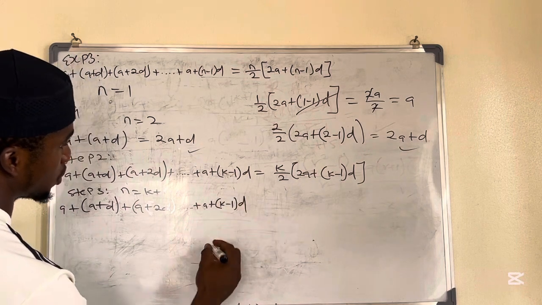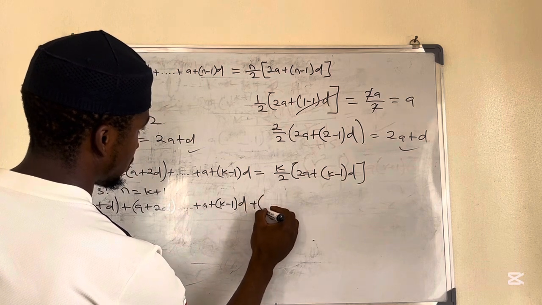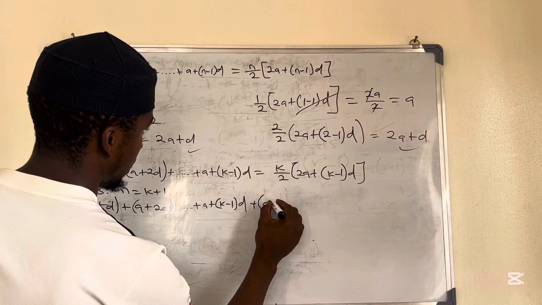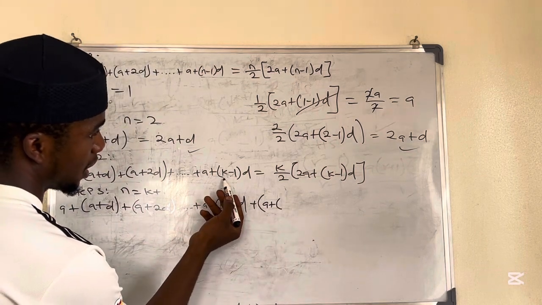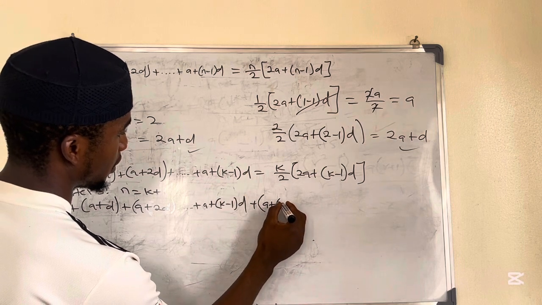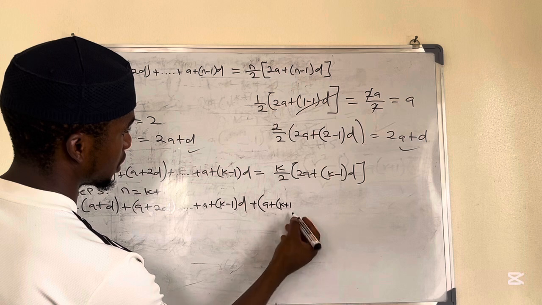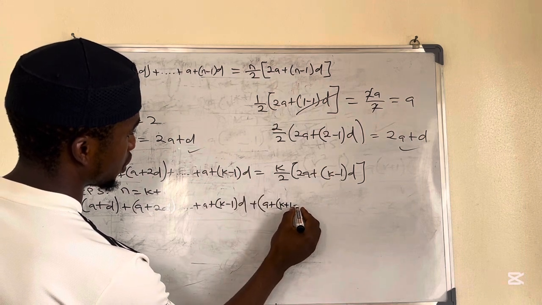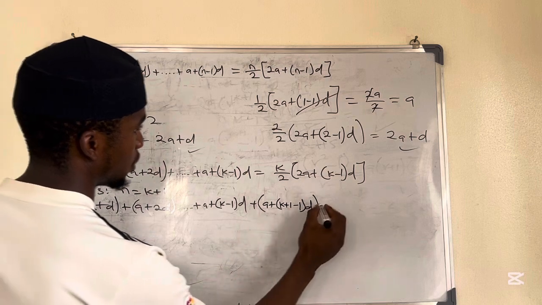You're not touching this term, that's why we should increment by 1. So we have plus and open bracket k plus 1. So k plus 1, this is what they say we should increment. So we still have minus here, so we put our minus plus bracket d.